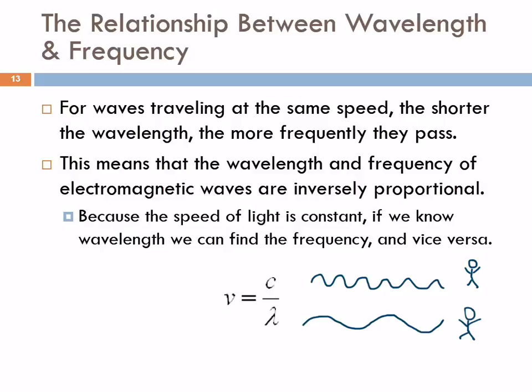All electromagnetic radiation travels at the same speed. So frequency and wavelength are inversely related. If one's large, the other's small. It's one of those things that's a little hard to keep straight, and I draw these little pictures in my head. Like, how does it go? Oh, yeah, okay.